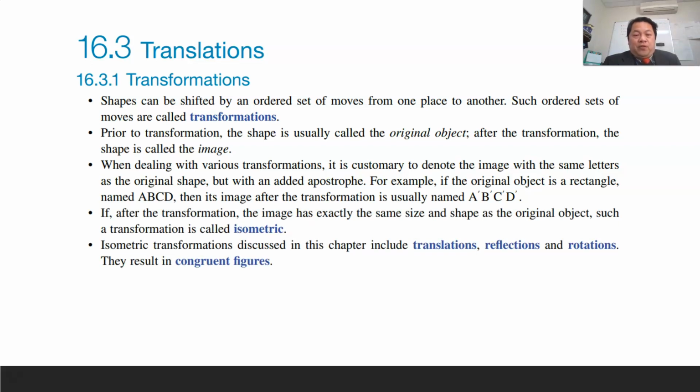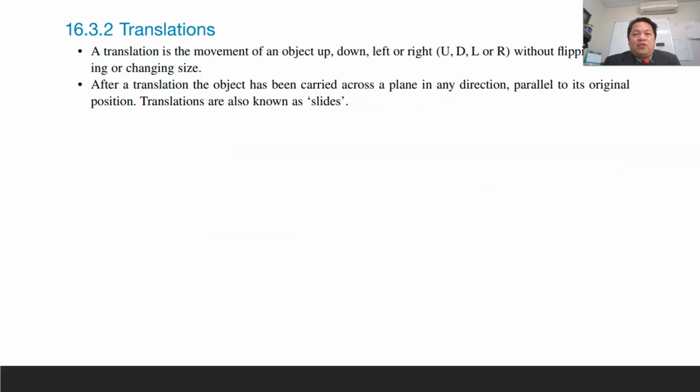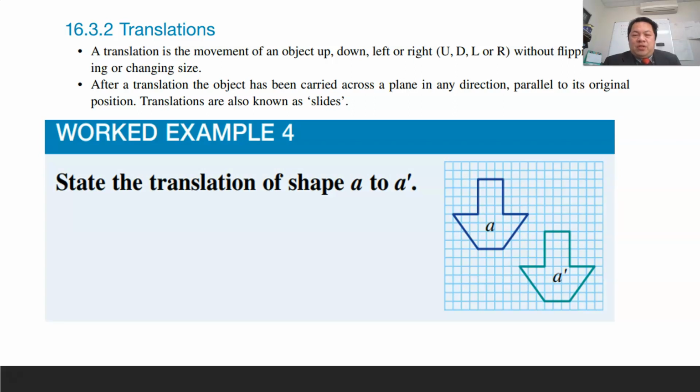There are various forms of transformation: translation, reflection, and rotation, and they result in congruent figures. Congruent figures means they are still of the same shape and size; they are not enlarged. Translation is moving an object left, right, up, or down, without flipping. You're not allowed to flip for translation. Some people call it sliding, as I mentioned earlier.